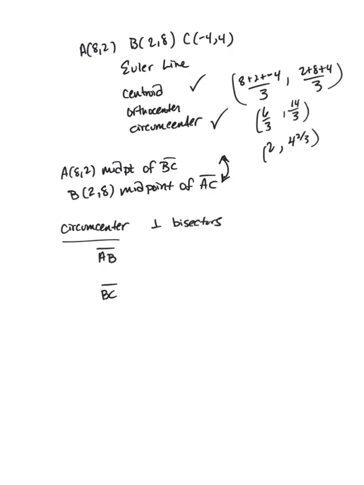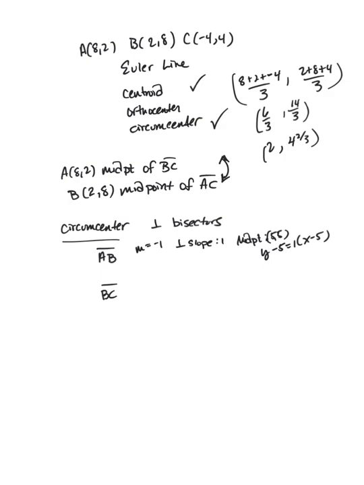Slope of AB is 6 over negative 6, so that's negative 1. But the perpendicular slope would be 1. The midpoint, halfway between 8 and 2 is 5, and halfway between 2 and 8 is 5. So the midpoint is (5, 5). So the equation would be y minus 5 is 1 times x minus 5 for the perpendicular bisector of AB.